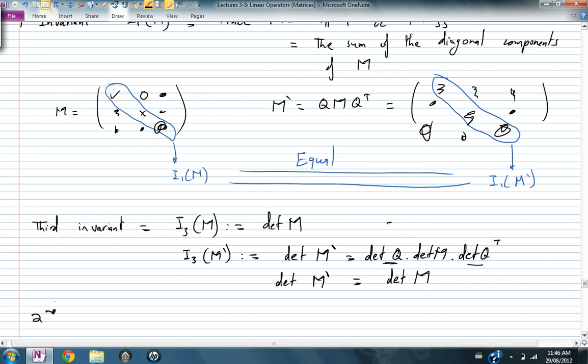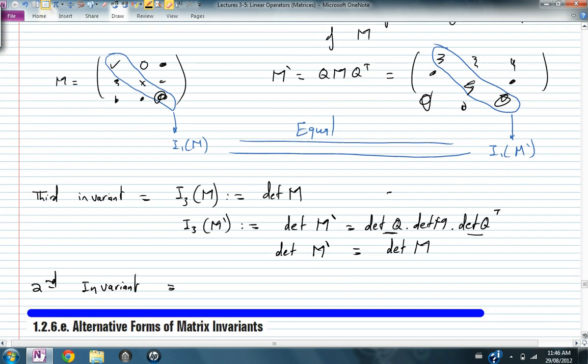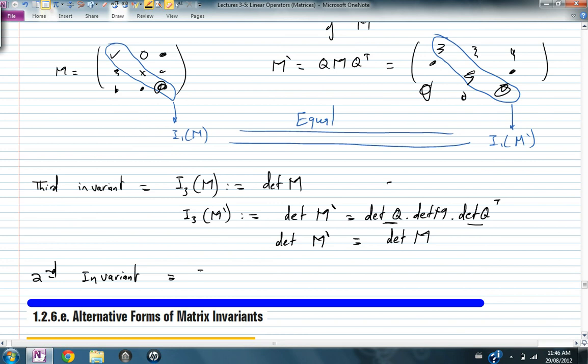The second invariant is a complicated formula, but it's a function of the first invariant. I2 of M is equal to half. The first invariant of the matrix M after I square it, minus the first invariant of the matrix M after I multiply it by itself.